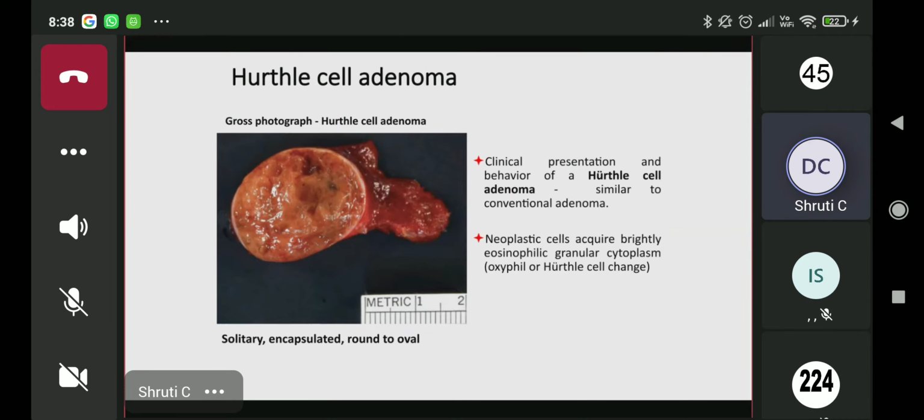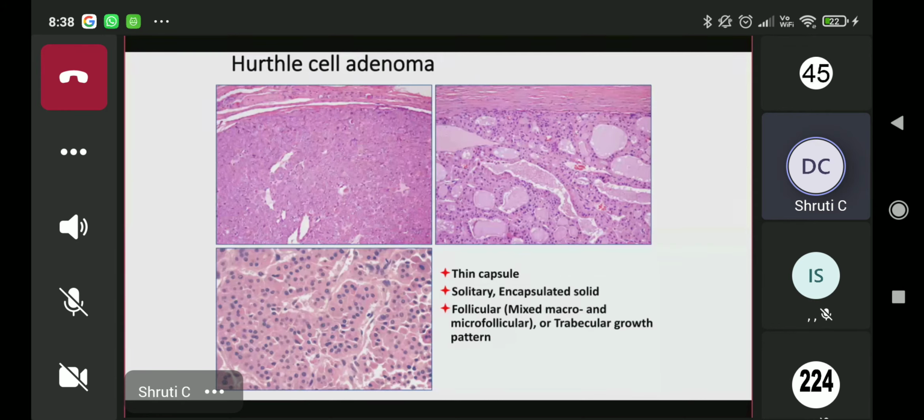And Hurthle cell adenoma is also similar, but the cells are different. The cells comprise Hurthle cells, which have brightly eosinophilic and granular cytoplasm. Like in this picture, you can see these are the Hurthle cells.